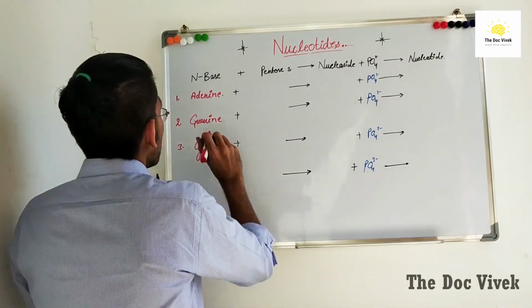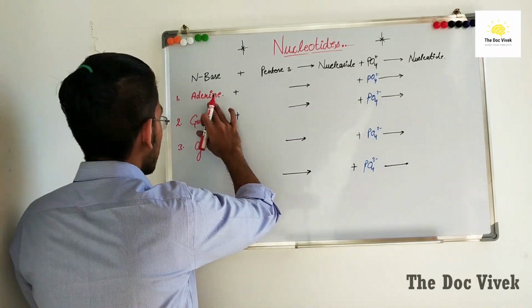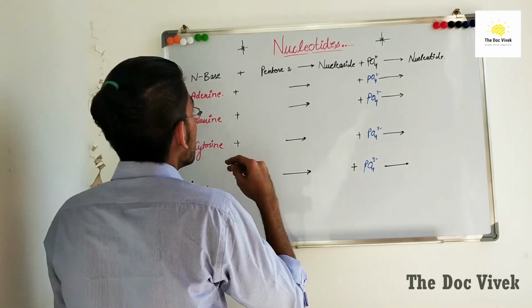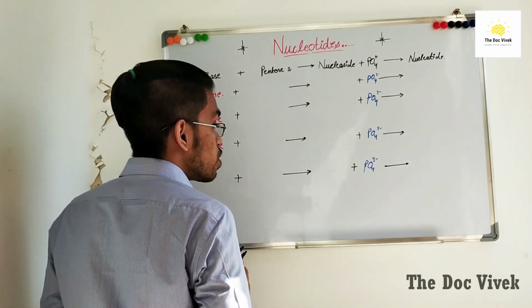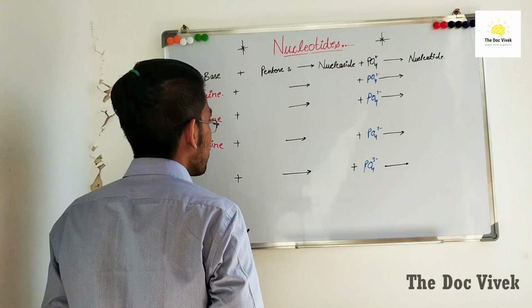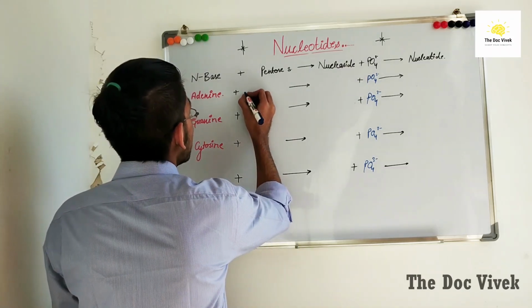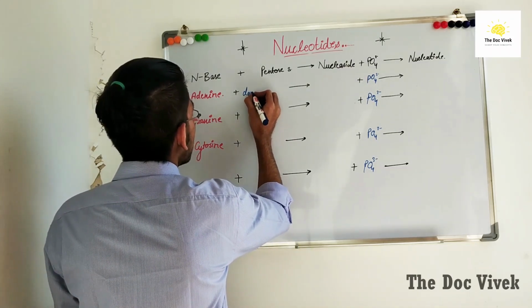So now the first nitrogenous base is adenine. Now for deoxyribonucleotides, which pentose sugar are we gonna use is, yes, deoxyribose.